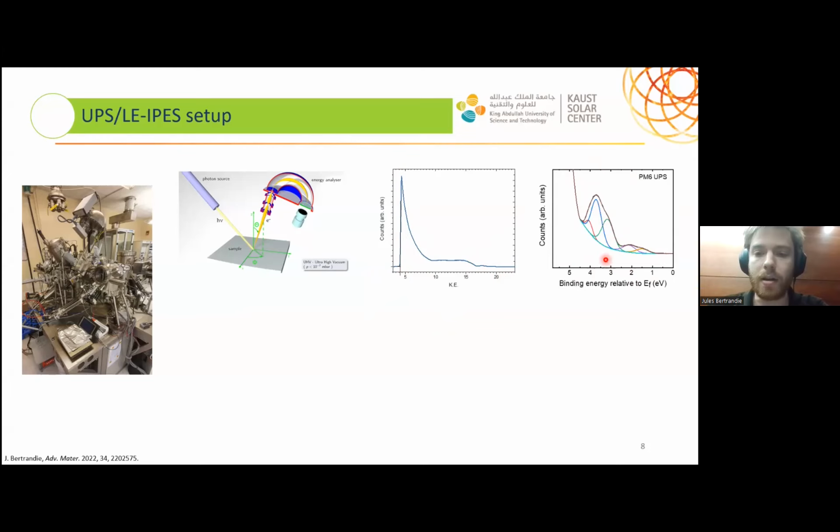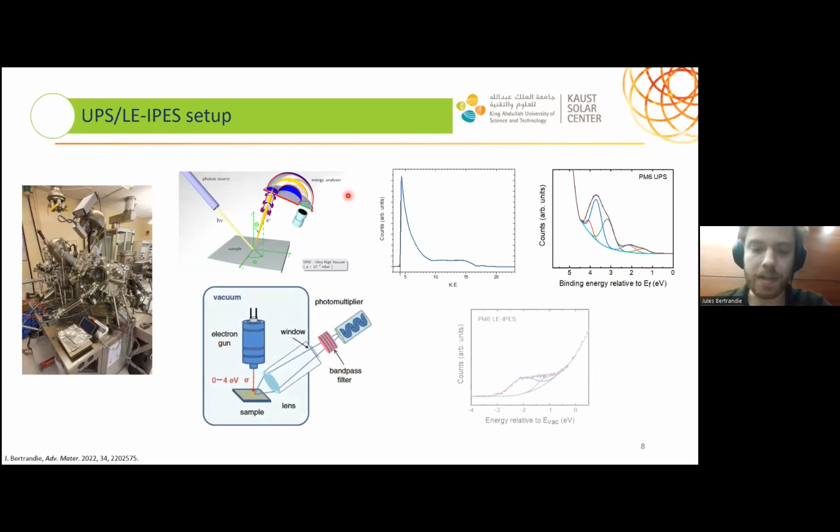To determine the valence band, we fit Gaussians in order to access the tail of the Gaussian and determine our valence band. To get our IE, we just need to add to our work function the valence band that we measure here.